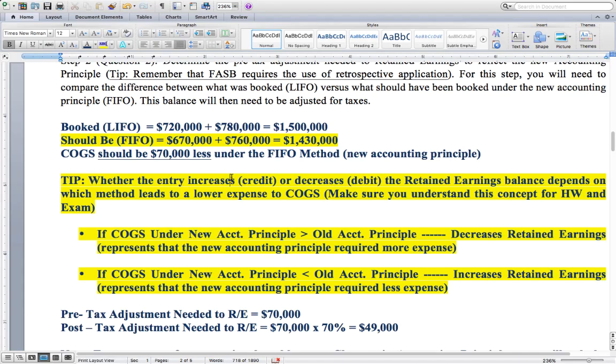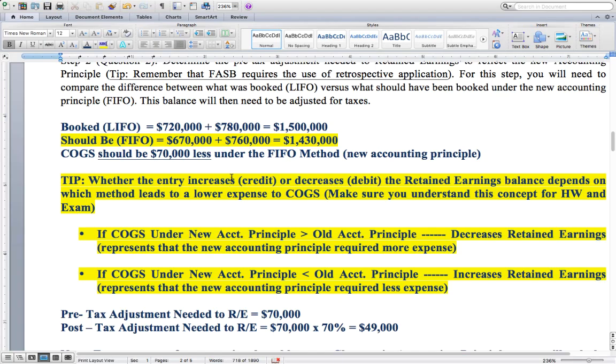This is how you will answer the question of whether retained earnings will increase or decrease, based on the impact to retained earnings and the difference between the old method and the new method. If your cost of goods sold under the new principle is greater than the old accounting principle, you would decrease retained earnings.